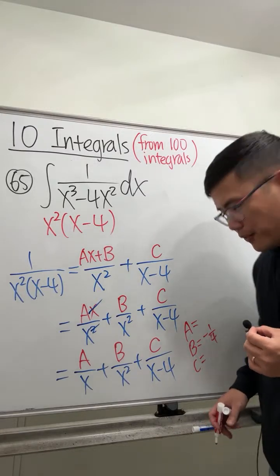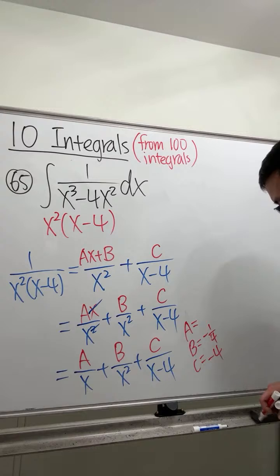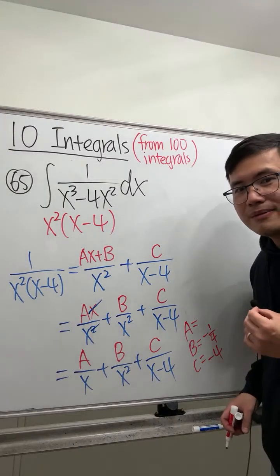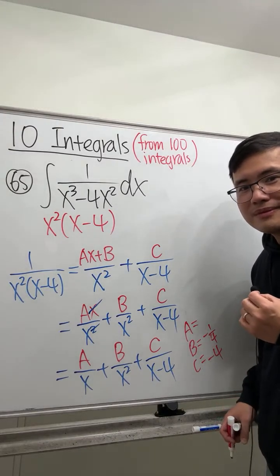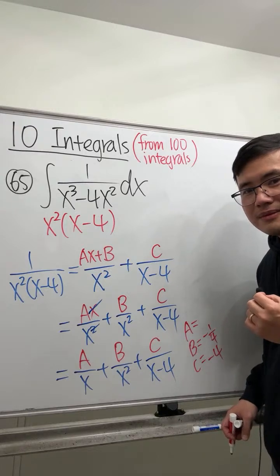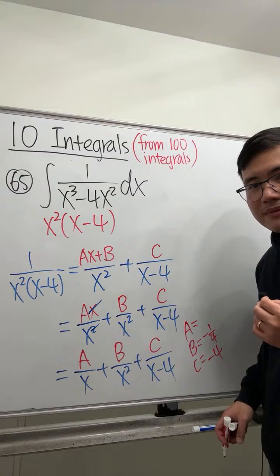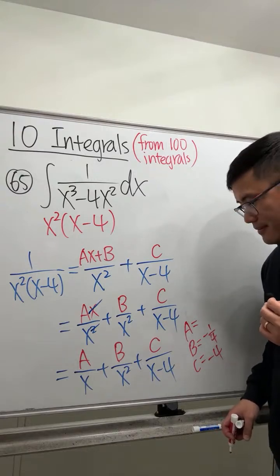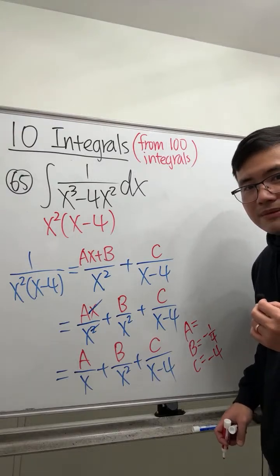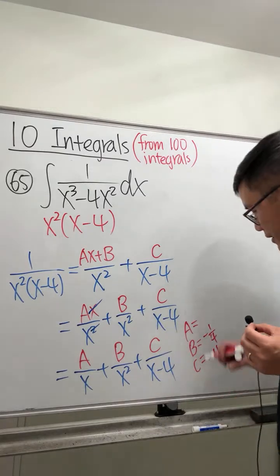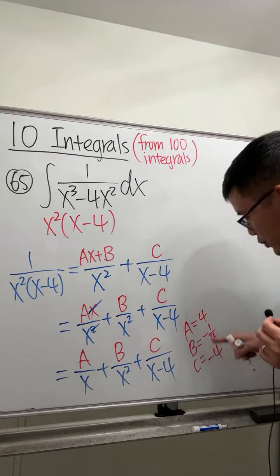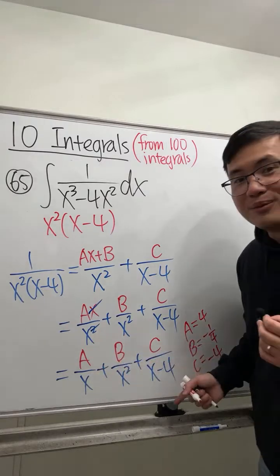C is negative 4. How about A? A is positive 4. So in this case, we do need all these three terms.